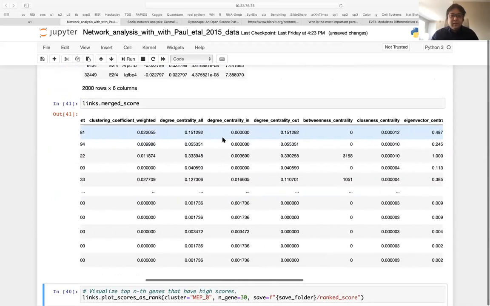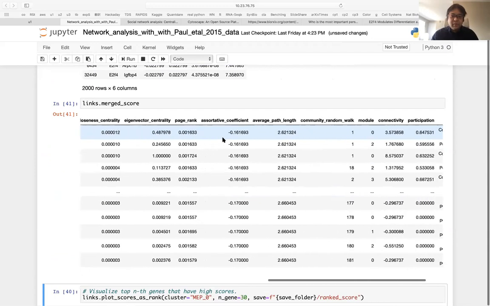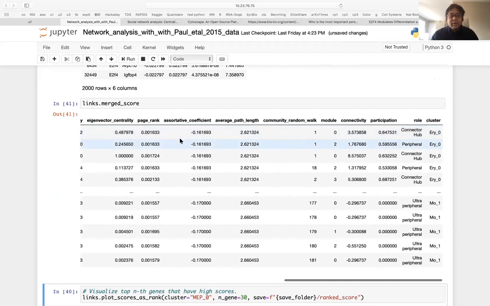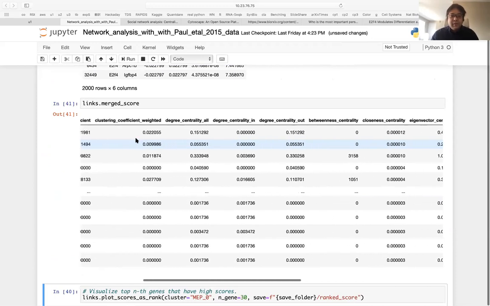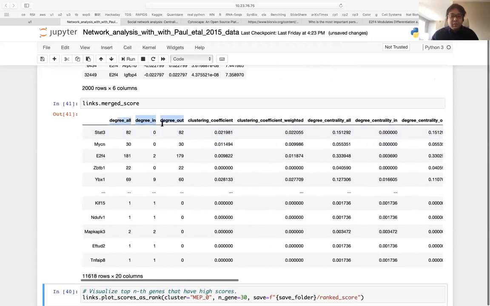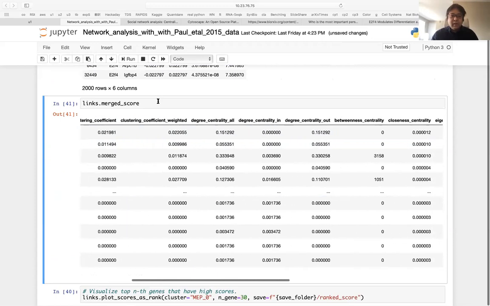Here is the list of your network scores. Using some R library, we calculated many network scores like this. You can see the scores are stored in this object, in this attribute merged score.